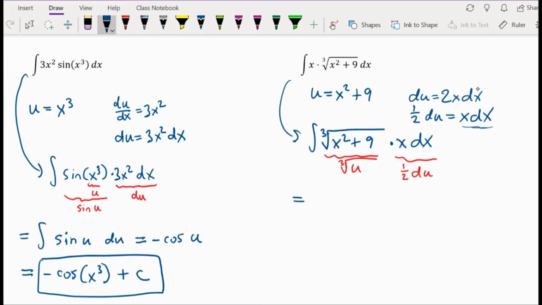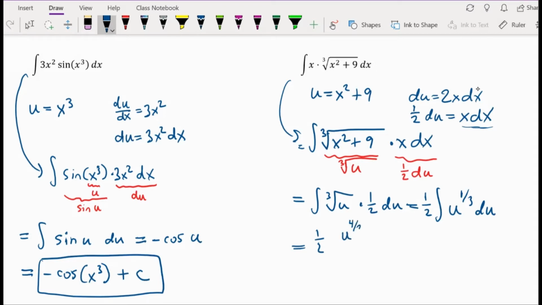Therefore, I can rewrite the original integral. This is going to be the cube root of u times 1/2 du. This is going to be a little easier to work with if I put the 1/2 out here and rewrite cube root of u as u to the 1/3. So that's going to give me 1/2 times, to get the antiderivative of u to the 1/3, I add a full 1 to that fraction.